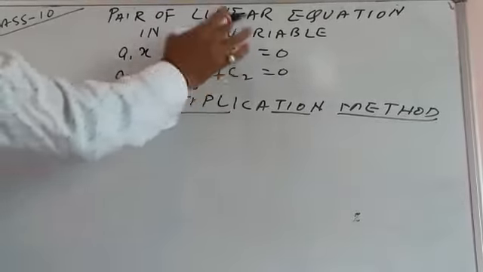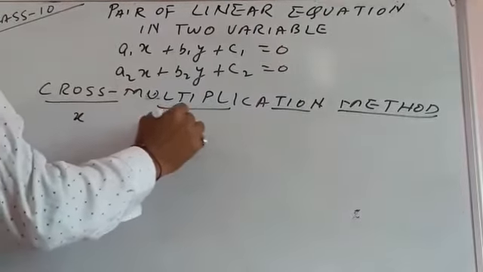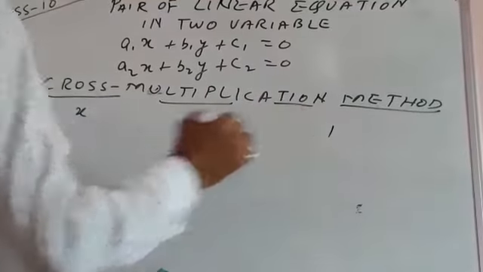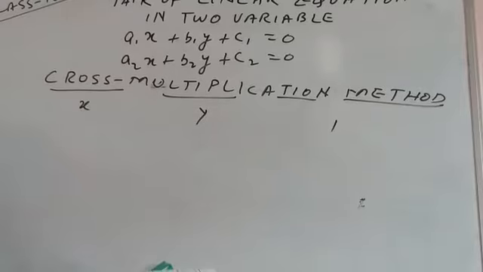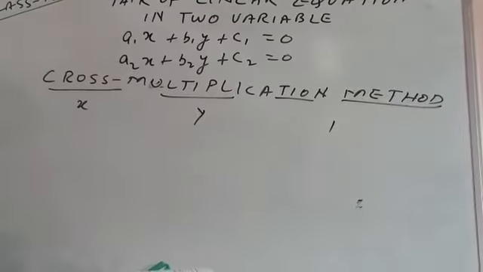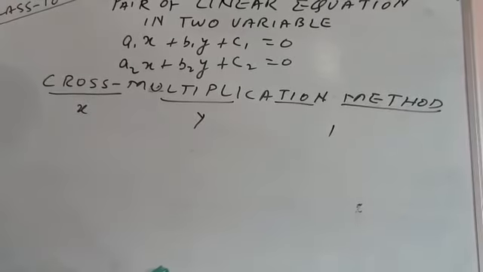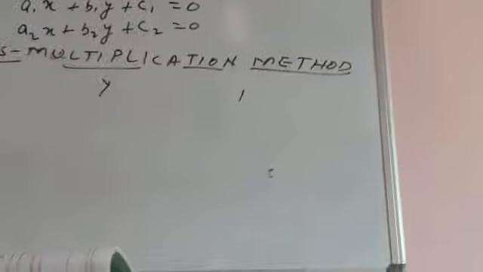Just by seeing this general form, we write x here, y here, and the 1 here. For designing this formula, we have a way. Before writing the formula directly, it is very important to tell you how to generate it, so that you can practice for a while.